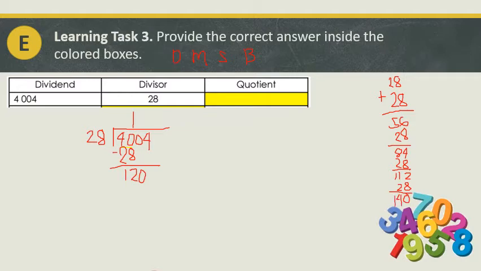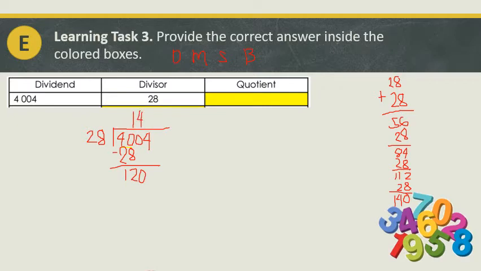So, ayan, lumagpas na siya sa 120. So, hanggang saan lang po tayo mamimili dyan? So, ito lang, 112. So, ilang 28 yon? So, 1, 2, 3, 4. So, 4 po siya. So, apat na 28 para makakuha ng 112. So, dito tayo. Okay? So, apat.